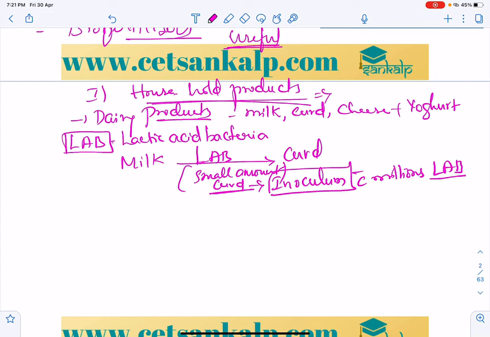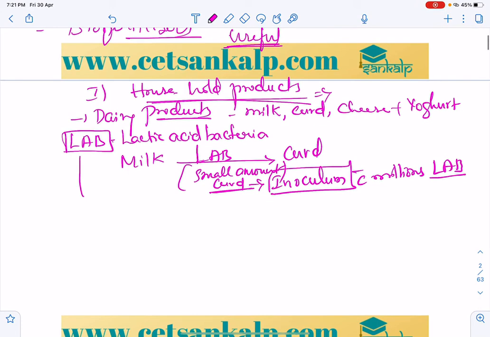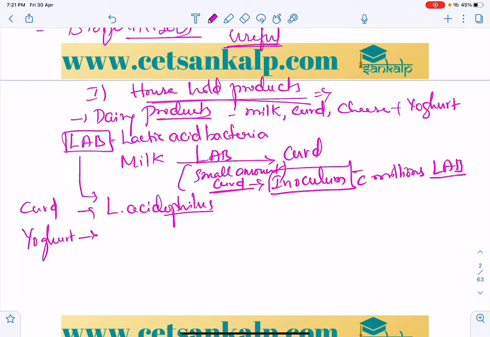So curd is obtained using, for example, Lactobacillus acidophilus, a bacterium. To obtain yogurt, we use Lactobacillus bulgaricus and also Streptococcus thermophilus.